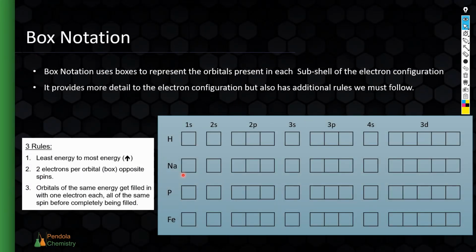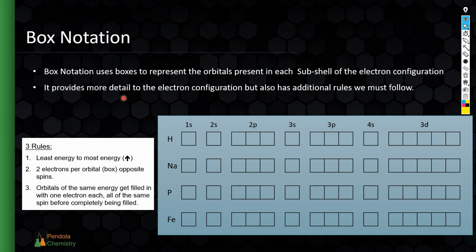So if we look at these charts, that is essentially how we can do box notation. Box notation follows the same idea. It's still a type of electronic configuration, meaning that it's going to tell us how many electrons there are in each one of the energy levels and each one of the sublevels.